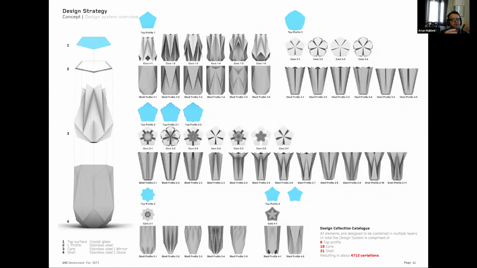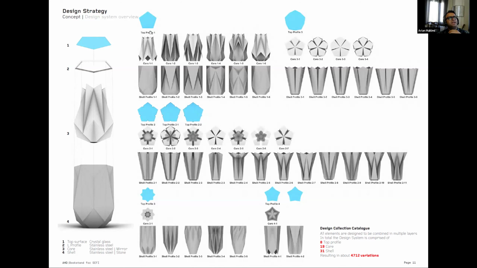Another example of our design mentality: we were given this commission to design an art piece, a lectern or book stand, for a lobby. We dissected the entire system into 4 parts: the profile, the crown, the inner shell, and the outer shell. For each part, we started creating subcategories.